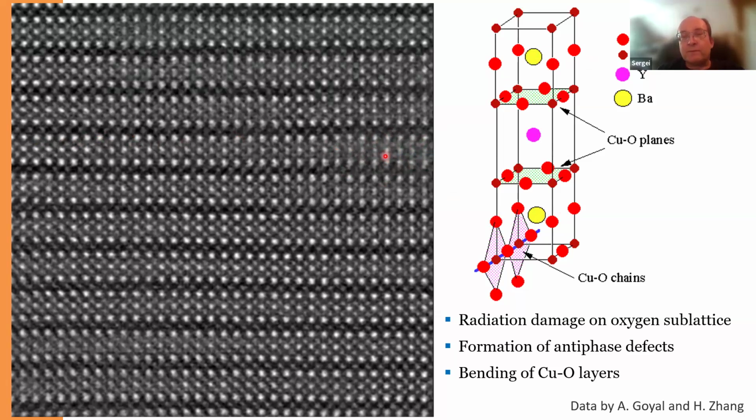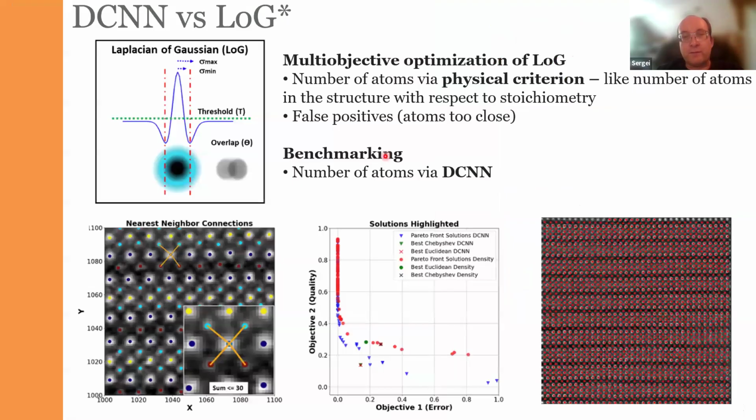So the question becomes, can we analyze this image and find the atoms in it using simple models, and ideally find the sublattices and the amorphous regions? Normally, this type of image analysis problem is absolutely not an optimization problem.